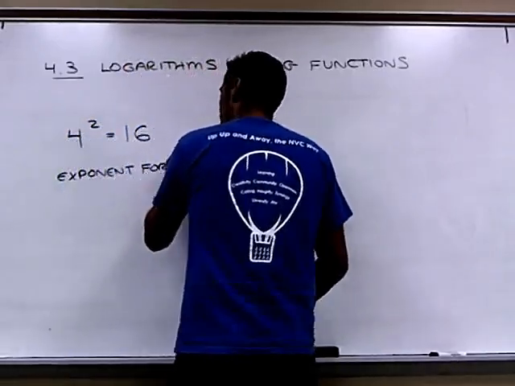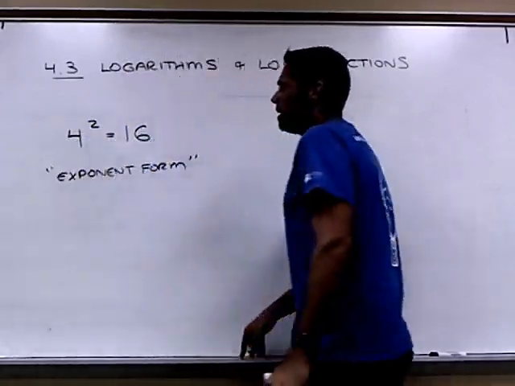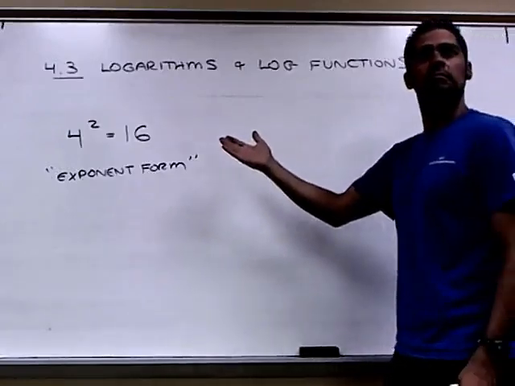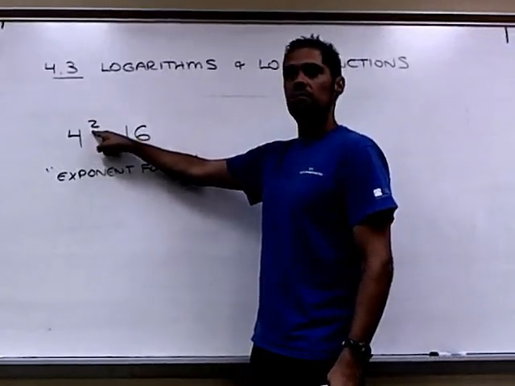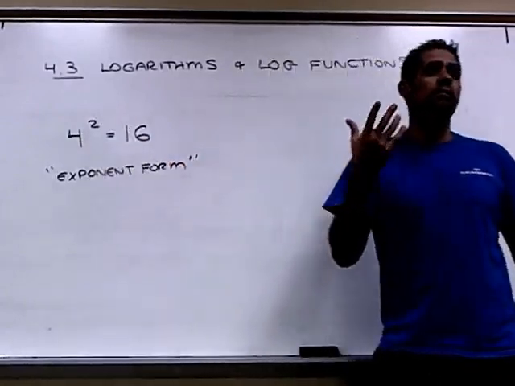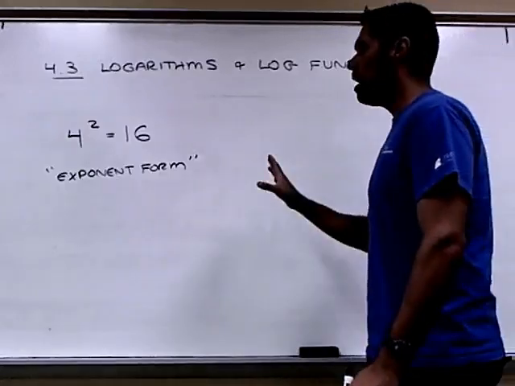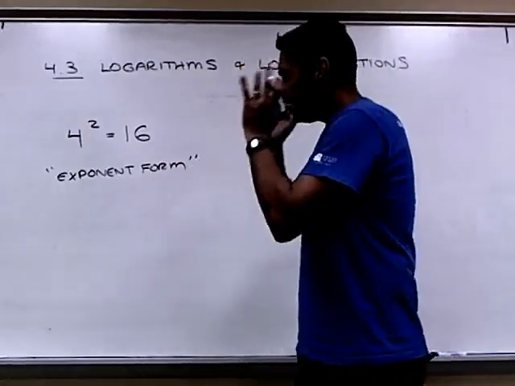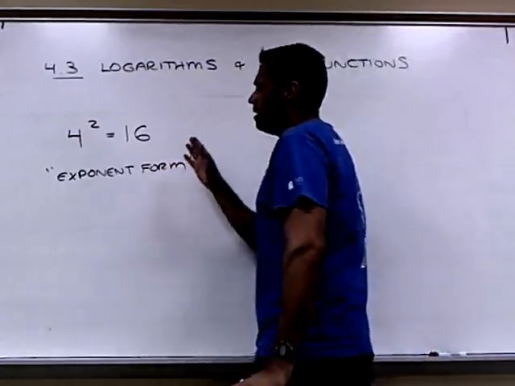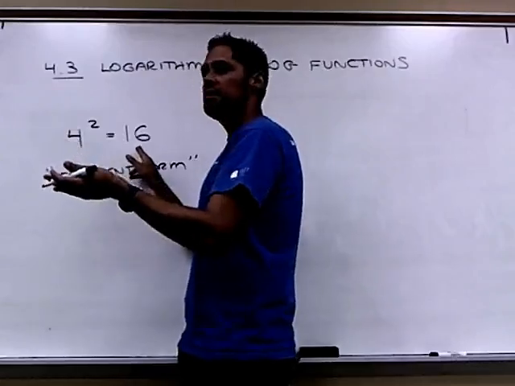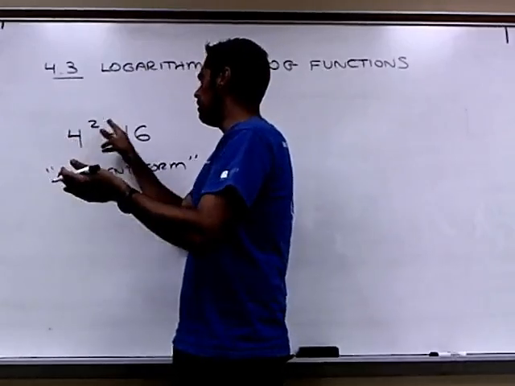The reason we're going to call it exponent form is because you see an exponent here, don't you? The exponent is 2. We have something being raised to a power. We have another way that we can write this, all right? But let's talk about what this is saying. This is saying 4 to the second power is 16, right?